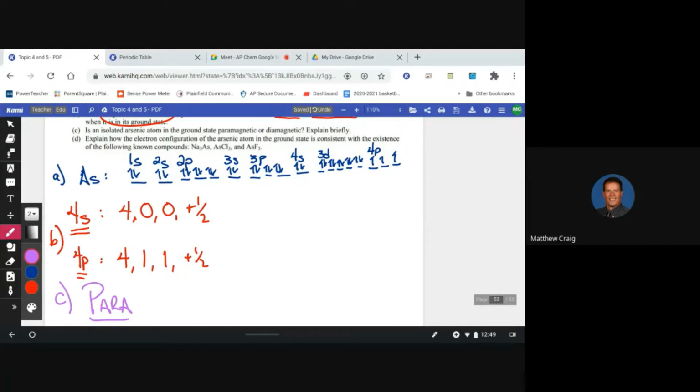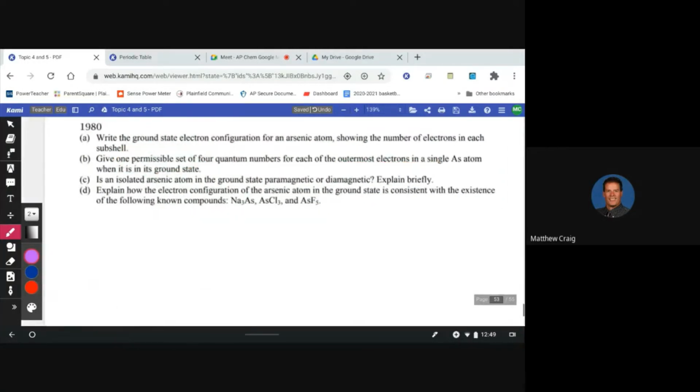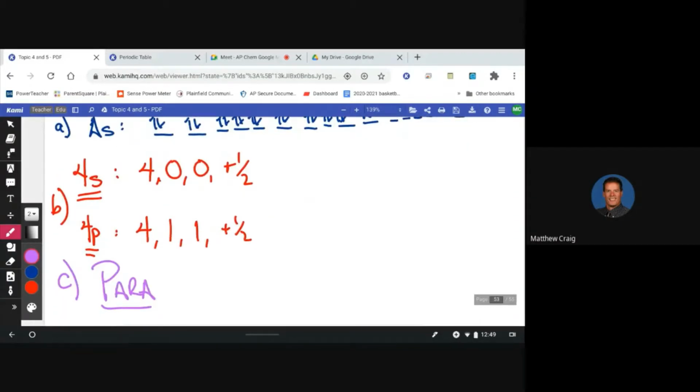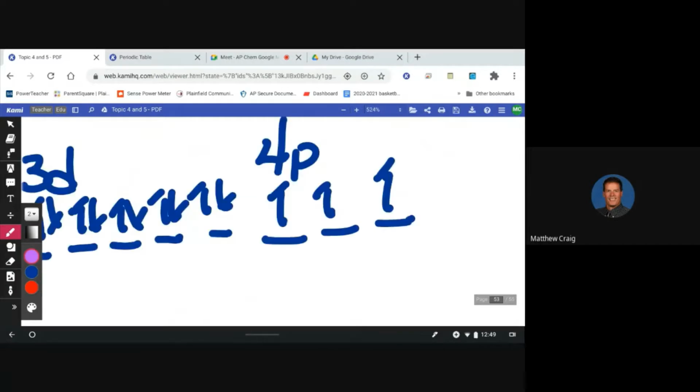Paramagnetic means that you have an orbital that doesn't have all of its electrons doubled up. Letter D. The explanation is that for diamagnetic, if you have an orbital with an electron, it has to have a twin or a buddy.